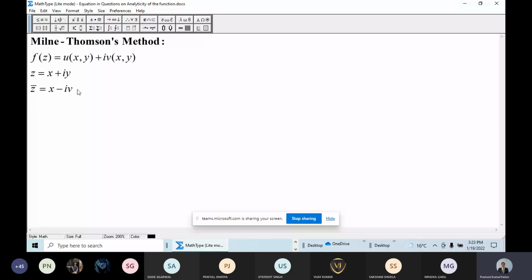Then from these two equations we got the value of x. By adding these two, x will come as (z plus z bar) by 2, and y will come as (z minus z bar) divided by 2i.